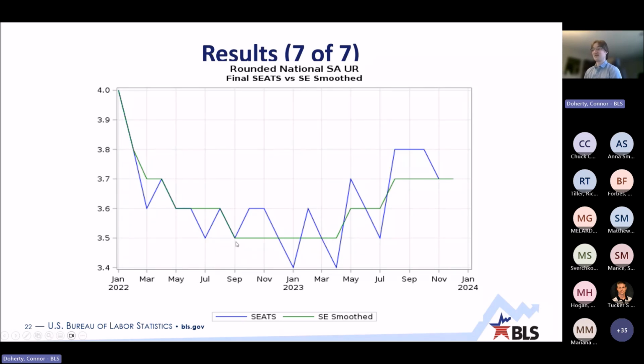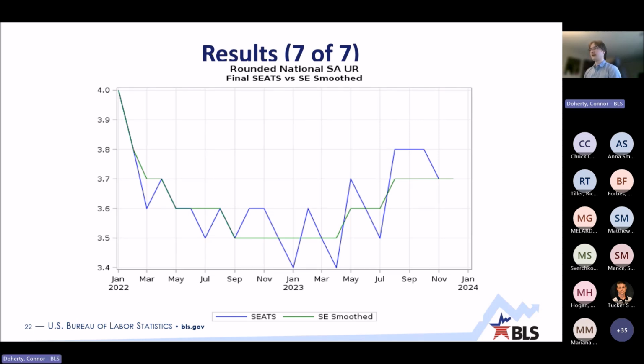It's especially noticeable in this run from September 2022 to April 2023. SEATS is bouncing between 3.4 and 3.6, whereas the sampling error model is consistently 3.5. So even with a large, highly aggregated and rounded series like our national unemployment rate, we're still seeing improvements in smoothness for the sampling error model.